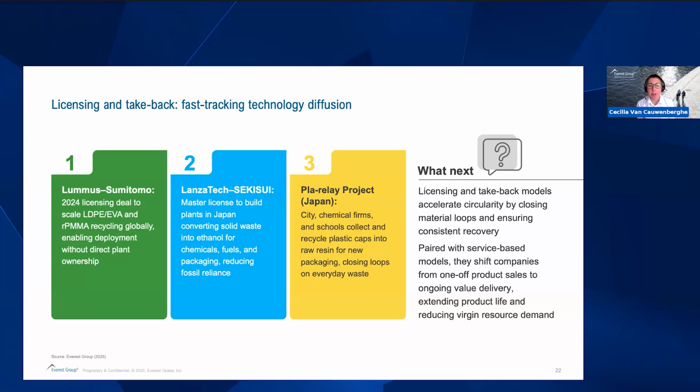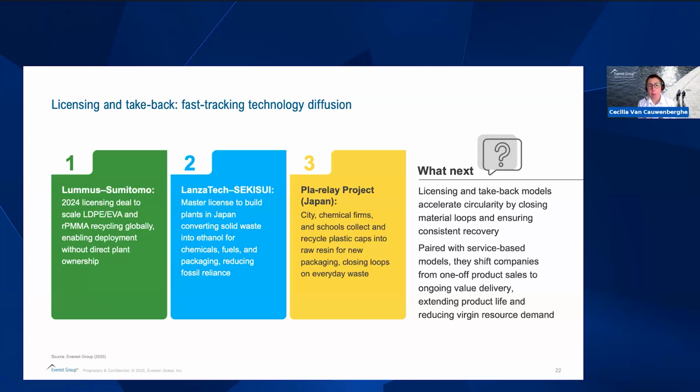So the partnership commercializes advanced depolymerization and solvent-based recycling technologies for low-density polyethylene, ethylene vinyl acetate, and polymethyl methacrylate. Lummus acts as the global licensor, packaging process design, catalyst supply, and control systems into a turnkey offering. Sumitomo provides validation data and product certification, ensuring new licensees meet performance and regulatory criteria.